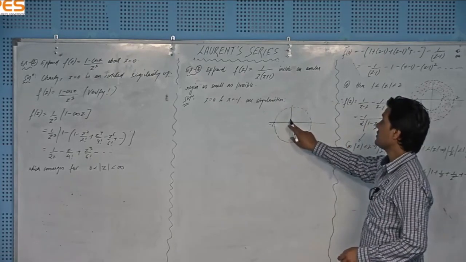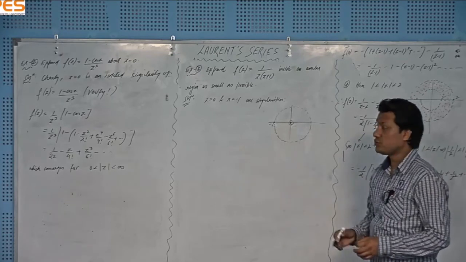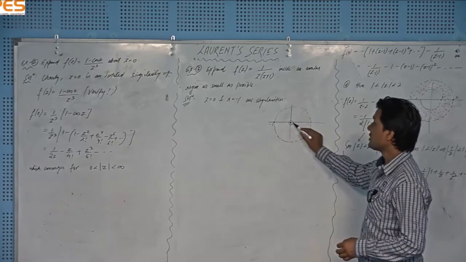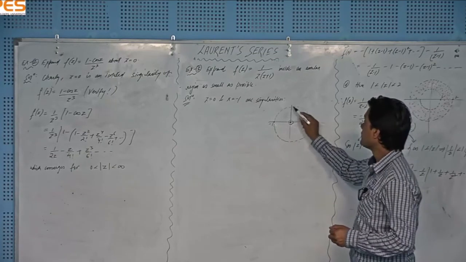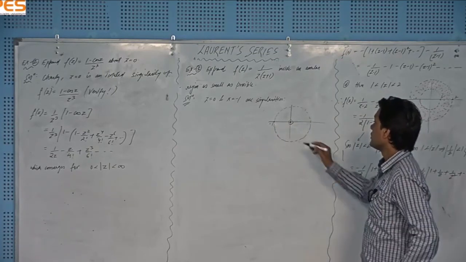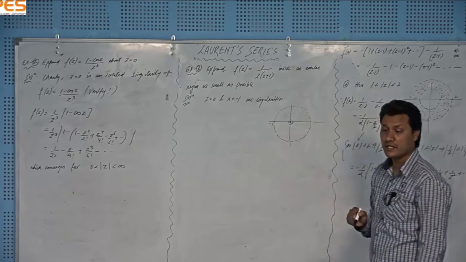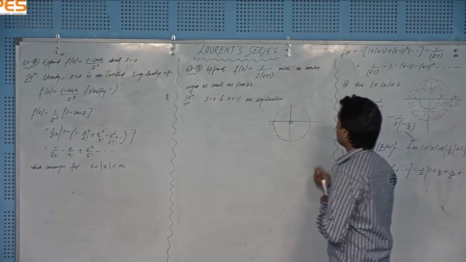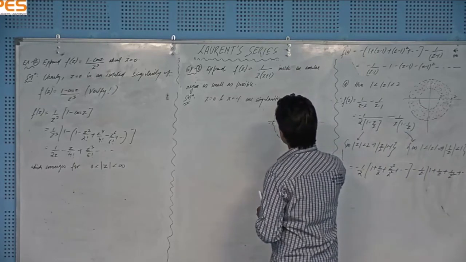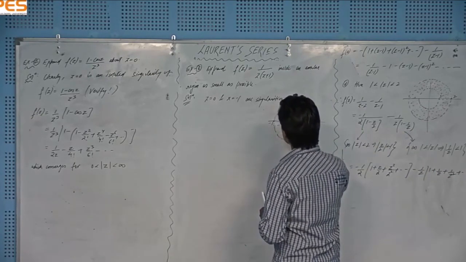And you can see that this center has been removed, means actually there are 2 circles. One is the smallest circle of very small radius greater than 0, and this is of radius 1, right? So this will be my region, and I will shade it with my red marker. This is my annular region where the series will converge, right?